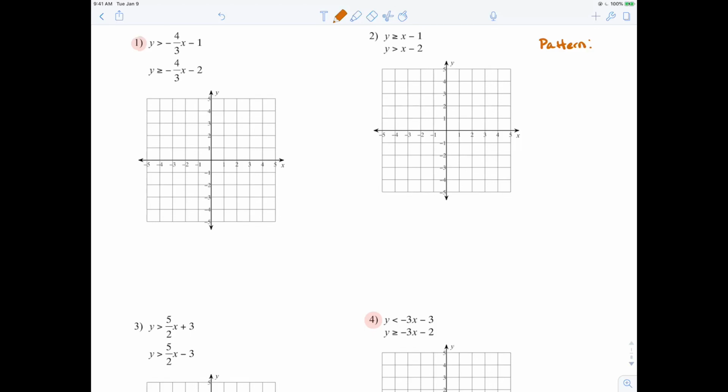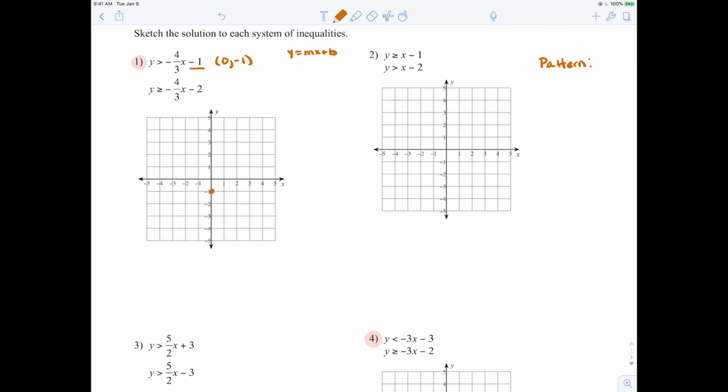So we see here that for the first inequality in number 1, the y-intercept is (0, -1), and we begin with the b because these are in y equals mx plus b form, slope-intercept form, and (0, -1) is right here. And then the slope is -4/3.